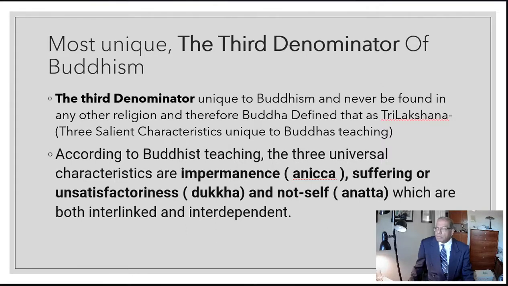Then the second characteristic feature that he defined is suffering or unsatisfactoriness, which he defined as dukkha, and the non-self or anatta, which I already talked about, where he denies having a self, and which are both interlinked and interdependent as he defines in the 12-fold interdependent co-arising of the Paticca Samuppada.